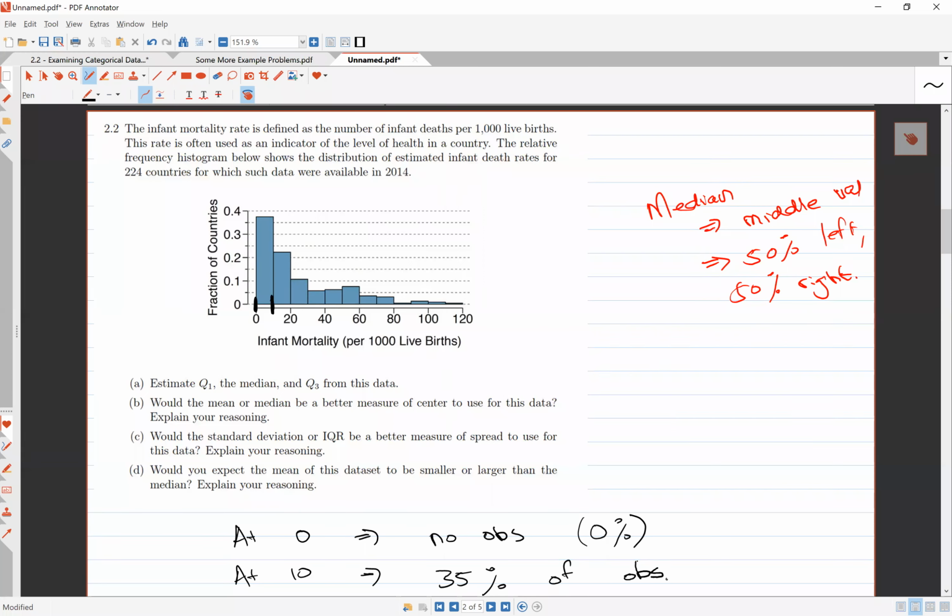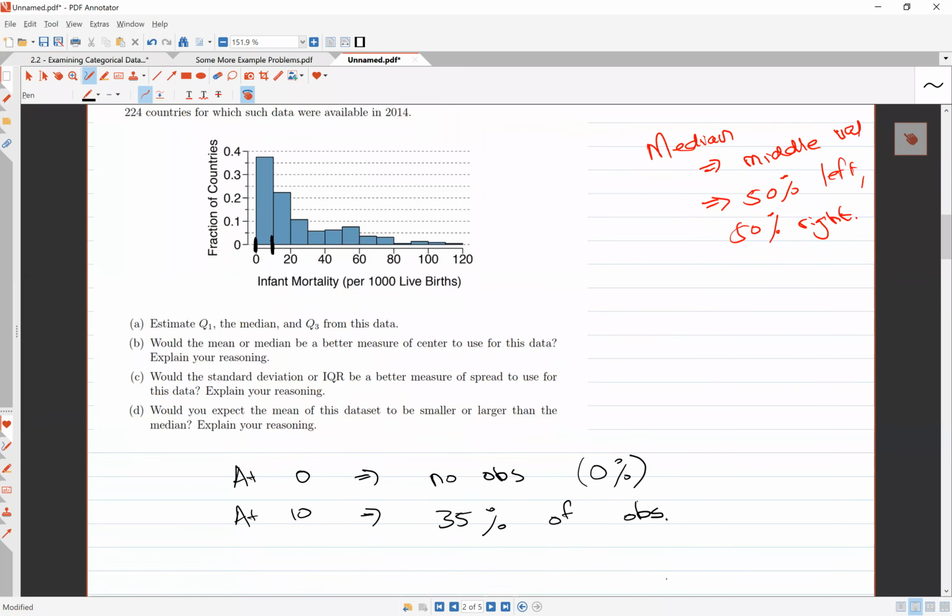So we would say by the time we get to 10, we've observed roughly 35% of our values. When we get to 20, that bar has a height of 0.25. So we're adding another 25%. So when we get to 20, we've observed roughly 60% of our observations.